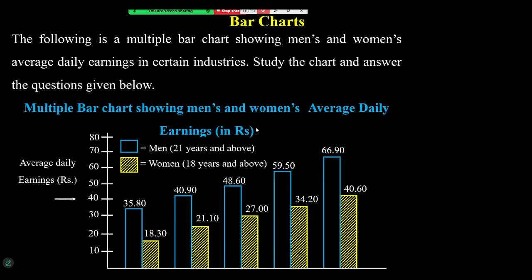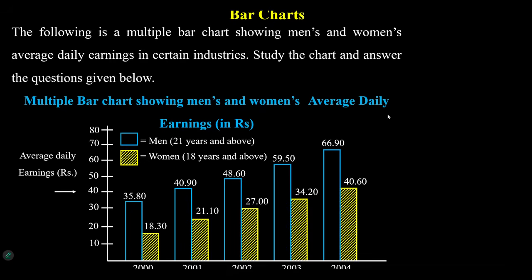So let's see about the next area. Bar graph, they can give like this. Different years from 2000. What is the scenario they are giving here?